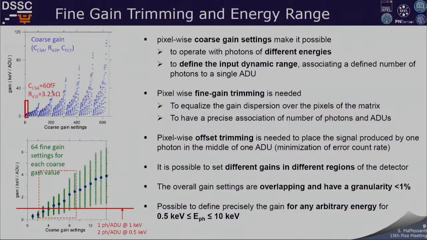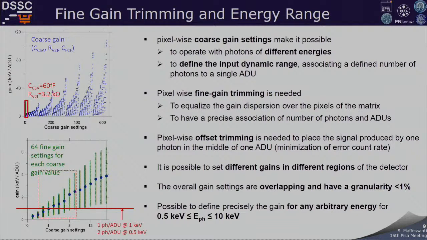So we need the coarse gain trimming to operate with photons of different energies and to define the input dynamic range, associating a defined number of photons into a single ADU. This is because we have only 8 bits at 4.5 megahertz or 9 bits at 2.25 and lower frequencies, and we need to have our single photon sensitivity or maximize the dynamic range.